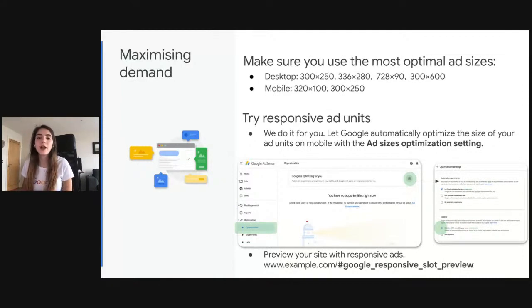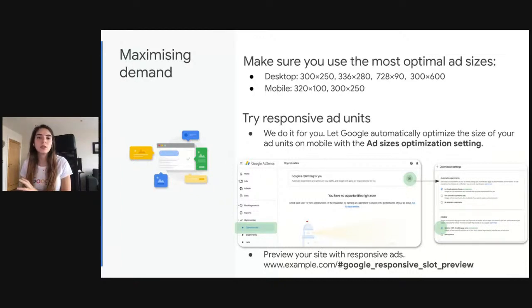And on mobile, we have 320 by 100 or 300 by 250. However, we don't want to commit to only 5-6 specific ad units. Our recommendation is trying responsive ad units.